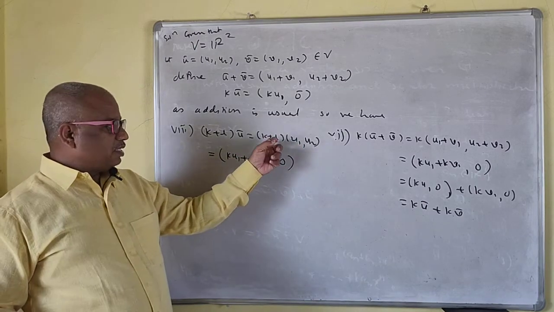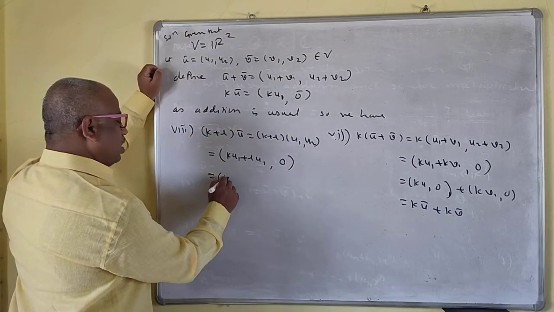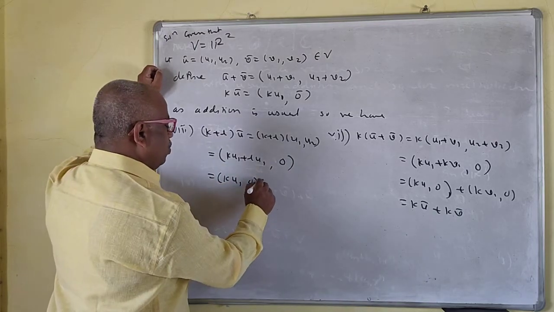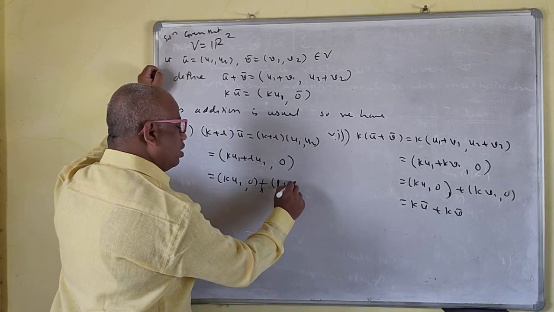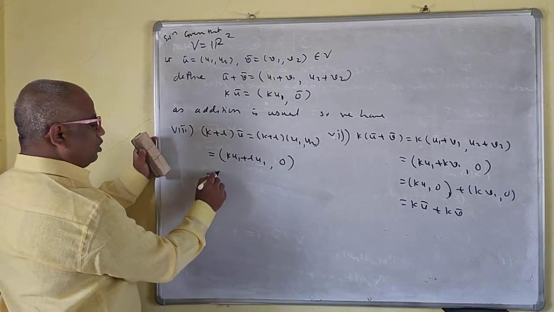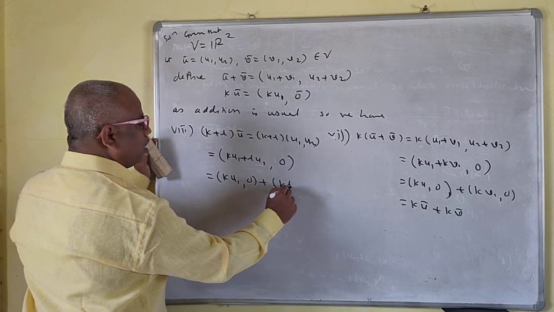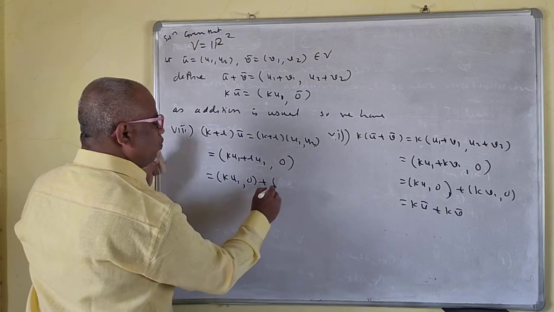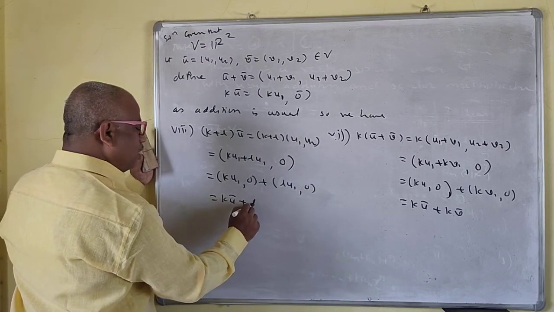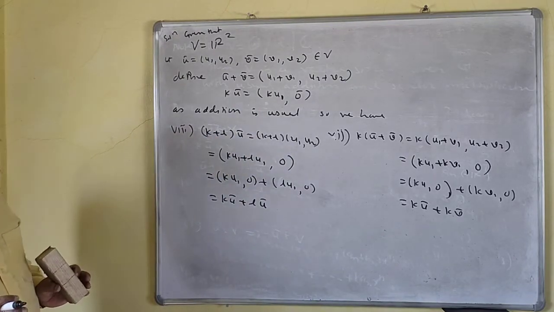So k plus L into u1, I can separate this: (k u1, 0) plus (L u1, 0), because 0 plus 0 is 0. So that means this is k u bar plus L u bar. This also holds.